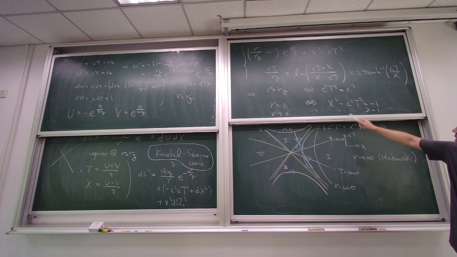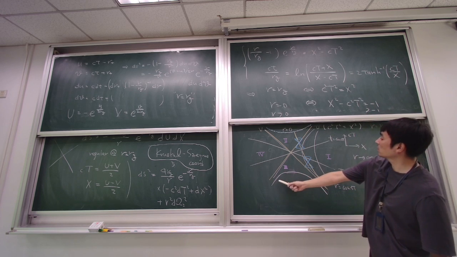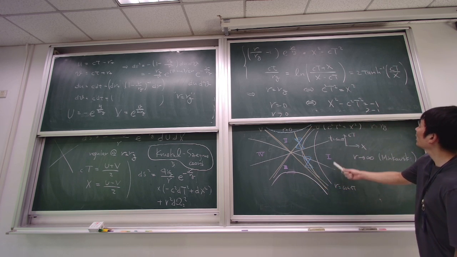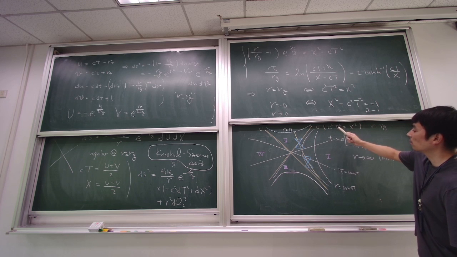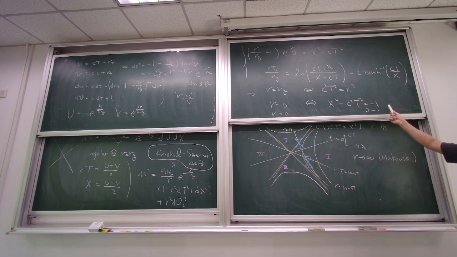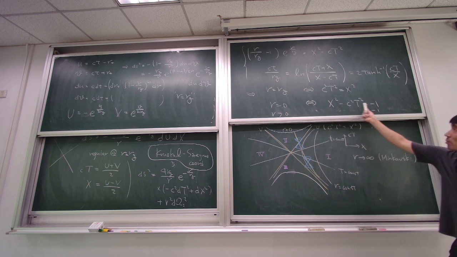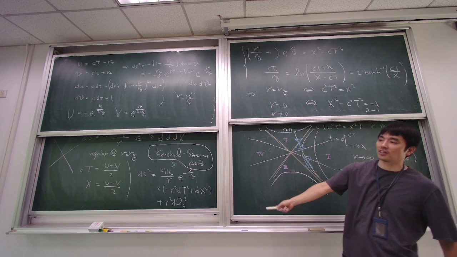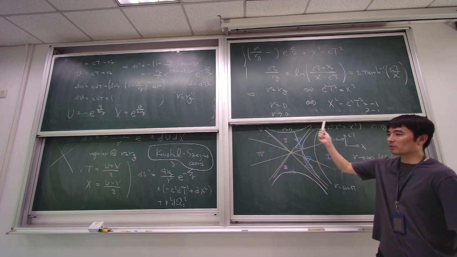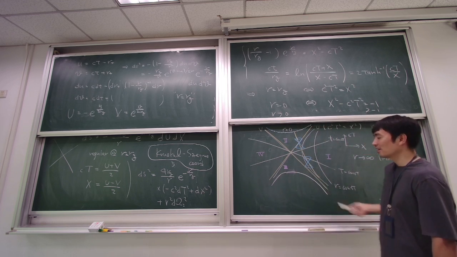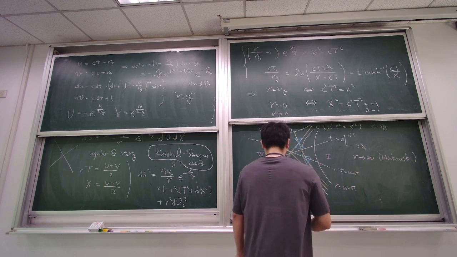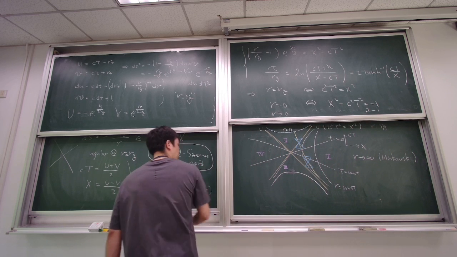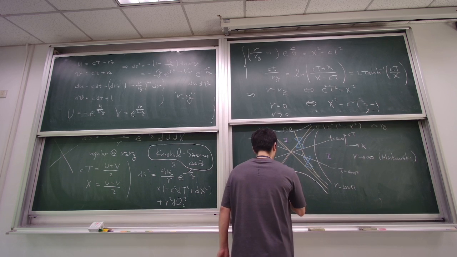So CT is bigger than X, right? So therefore, this also satisfies this equation. Because you have two copies of this hyperboloid. So this is also a singularity.